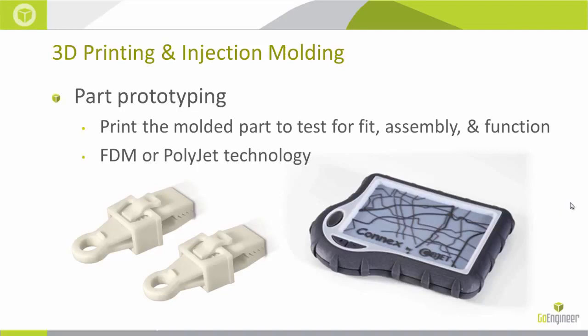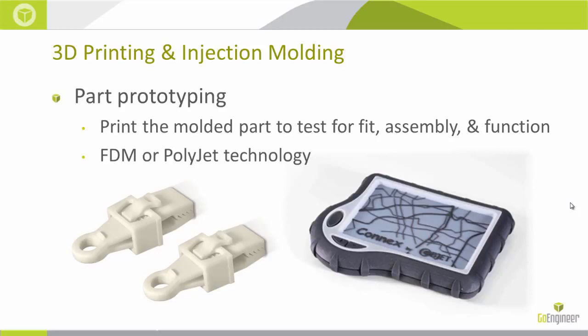Now this part would undergo an injection mold process called a two-shot process, where you have a single shot of that hard opaque plastic, and then you have a single shot of a rubber-like material. Okay, so in this situation, we're prototyping the parts, and because we're printing the parts directly, we're limited to the materials that we can print in, right?